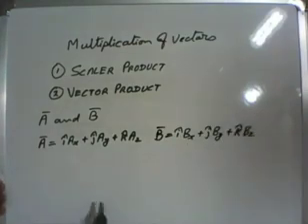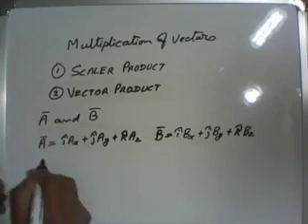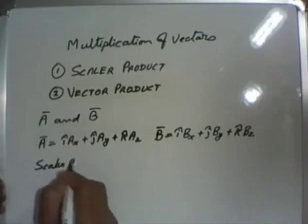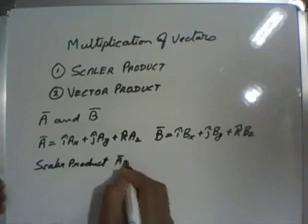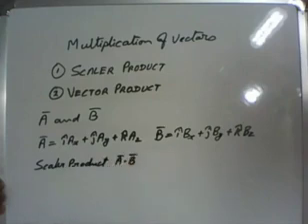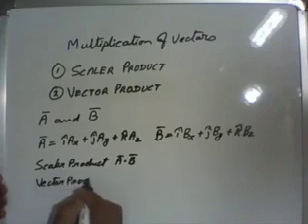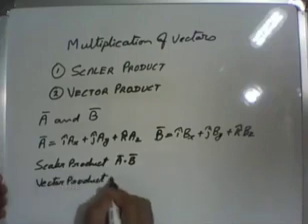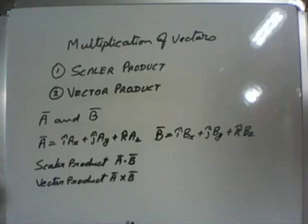So these two vectors, we can find out the scalar product and also the vector product. How are they defined? The scalar product is defined as A dot B, and the vector product of these two vectors we define as A cross B. So these are two kinds of operations that we can do with two vectors.